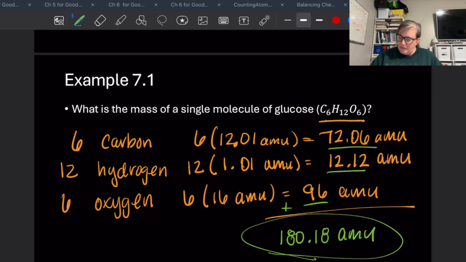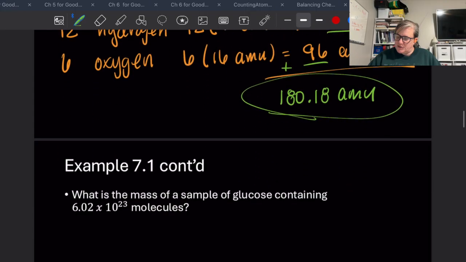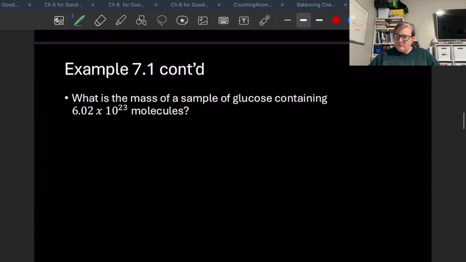Now, the second part of the question says, if we have a sample of glucose, if I handed you a test tube or an Erlenmeyer flask or whatever, and said, hey, this is glucose, and I want you to figure out some things on it. If I said it's got this many molecules, now I want you to figure the mass.